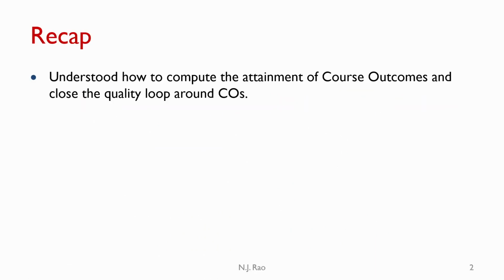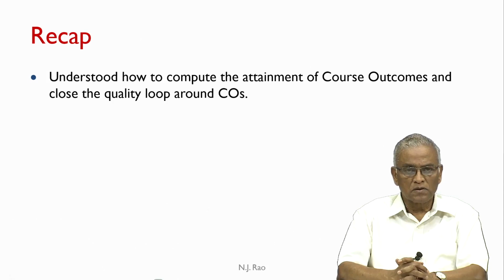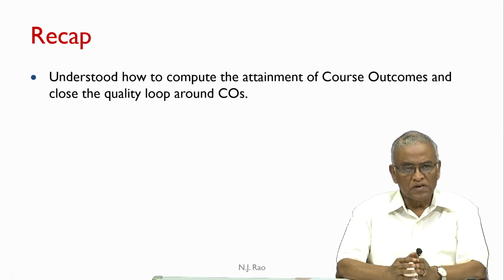In the earlier unit we understood how to compute the attainment of course outcomes and close the quality loop around COs. Once again, we should remind that there is no one way of computing attainment of COs.